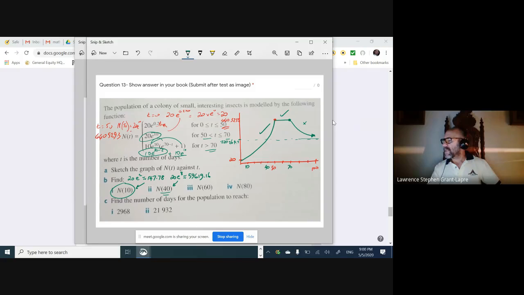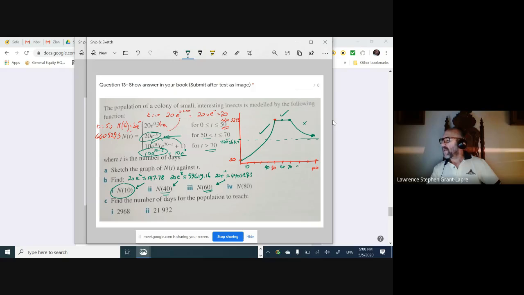And 60 is using the middle equation, which is 20e to the power of 10, which, as we worked out before, is 440,529.3 for that one.